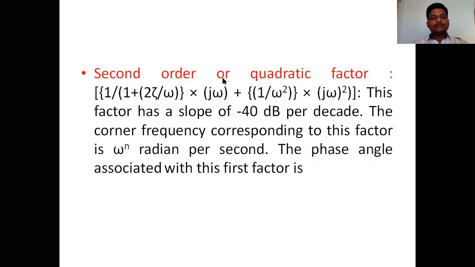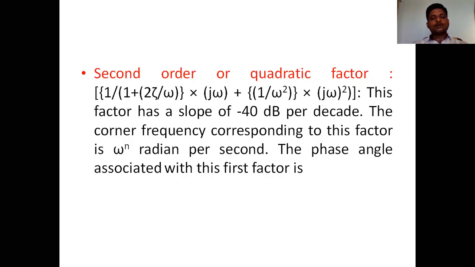Now if the given function is a second order function, meaning instead of omega to the power 1 we have omega to the power 2, the function is of the form 1 by (1 plus 2 zeta by omega n into j omega plus 1 by omega n squared into (j omega) squared).